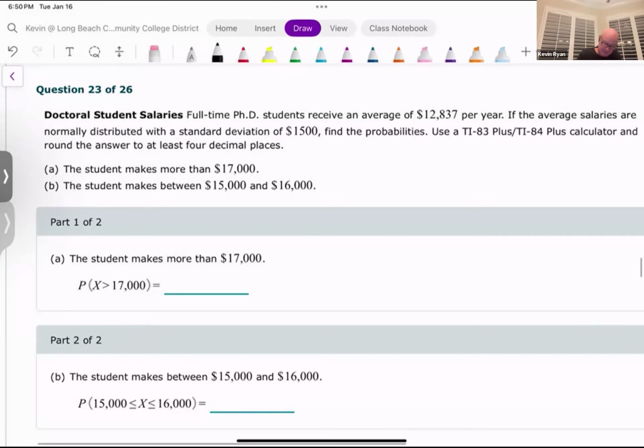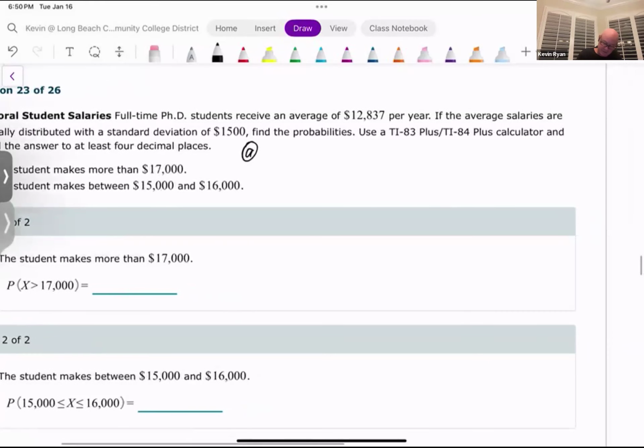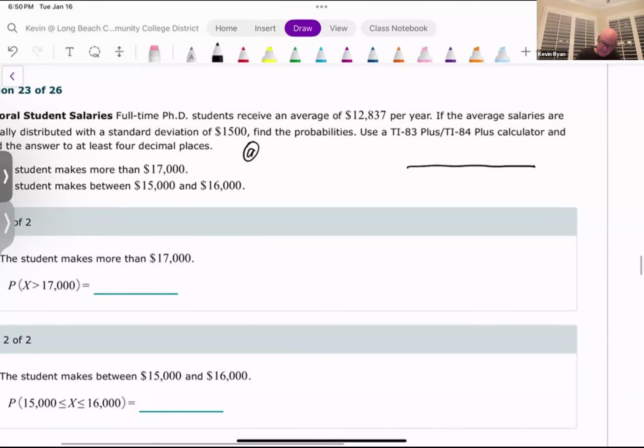All right, so this is part A. So we're going to start here. This is in dollars. We're going to be way over here. So that is going to be normal CDF.